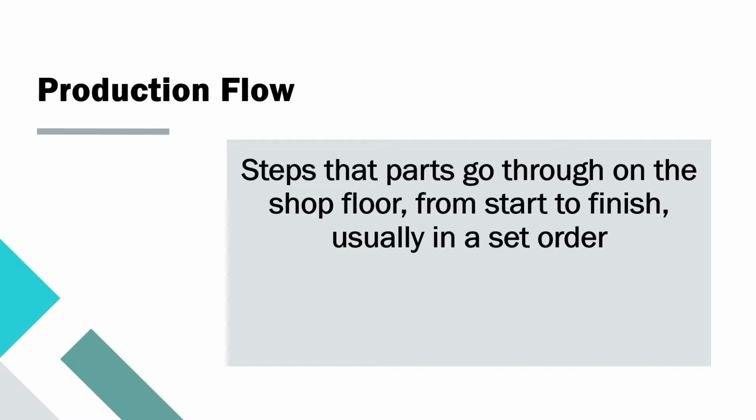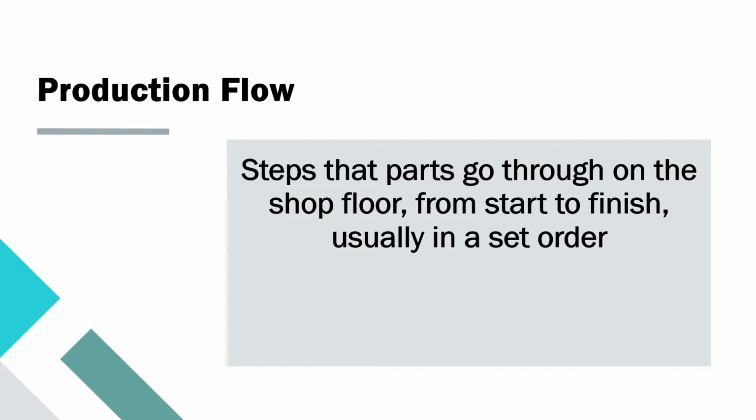A production flow is the step-by-step movement of material and product inside a factory, from receiving parts to shipping finished goods. It's a part of a bigger value stream or operating unit, which includes all actions that add value to the final product.